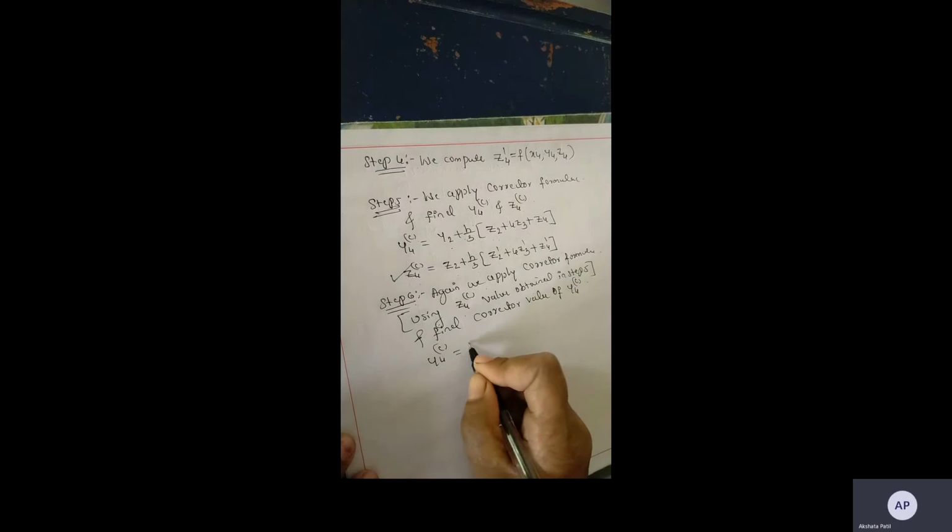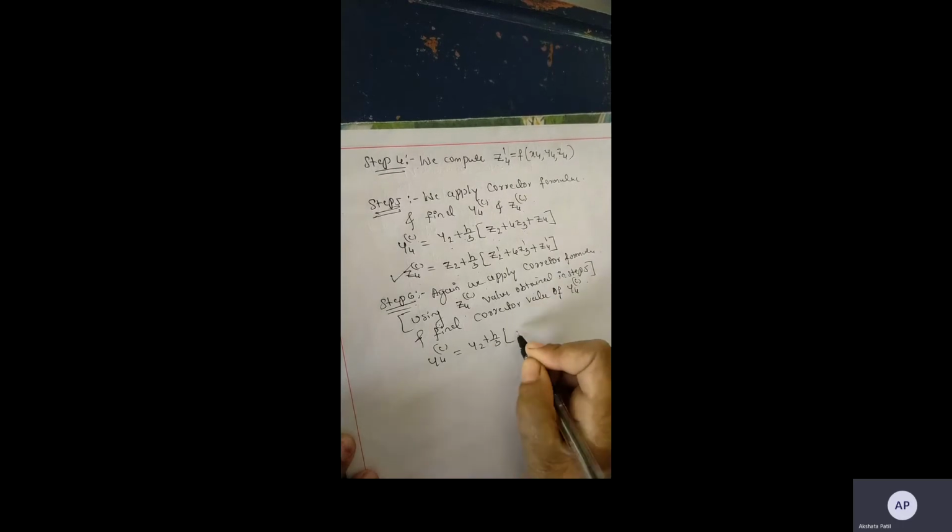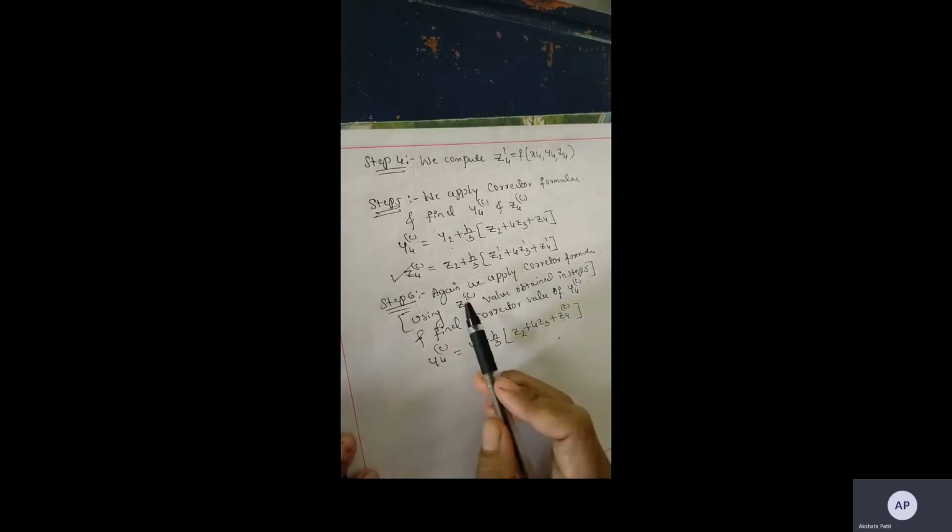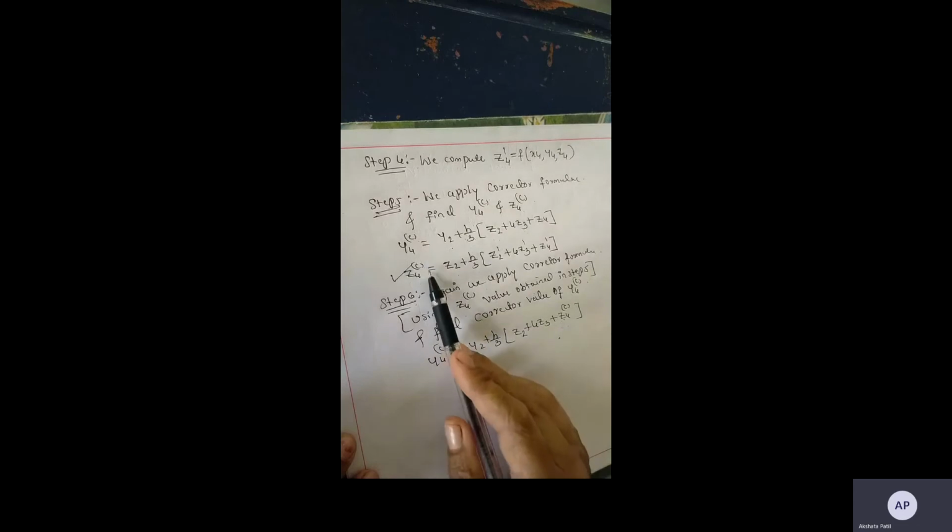Here once again we use the y4 of corrector formula, that is y2 plus h by 3 into z2 plus 4z3 plus z4 of corrector value. This means that in step 6 we use the z4 of corrector value which we obtained in step 5.